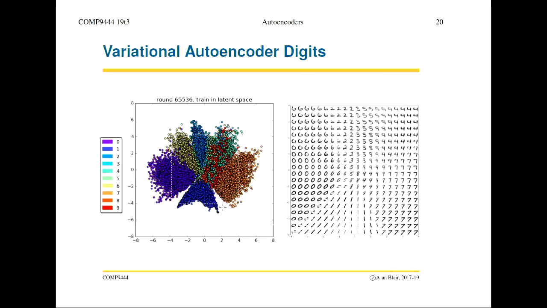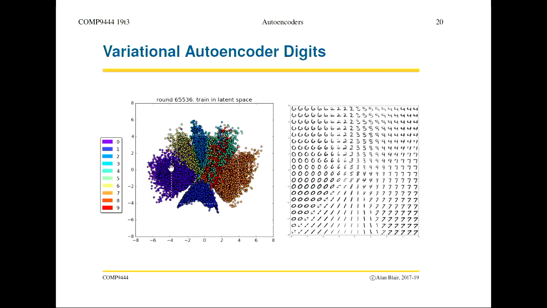If we choose something here that's a little bit away from the original images, we would get something that's a cross between a 0 and an 8 or a 0 and a 7, or a 0 and a 1. So if we choose something in here, we might get something that looks a little bit weird.